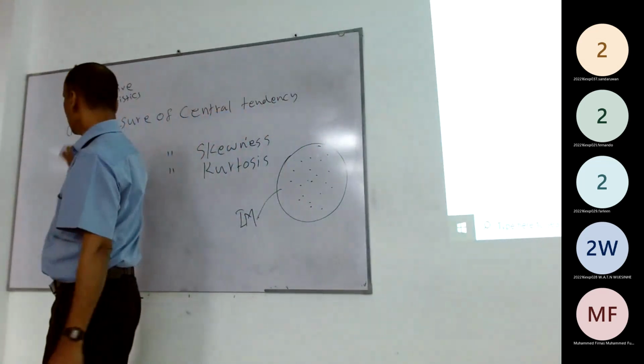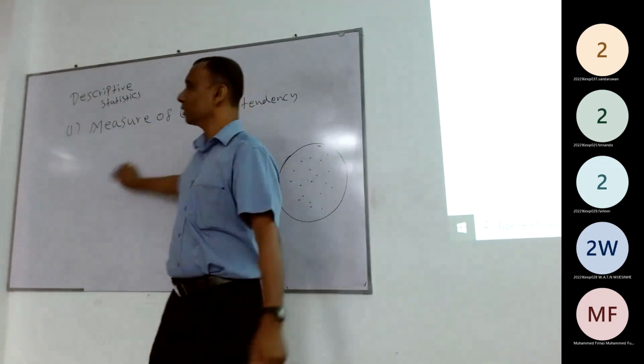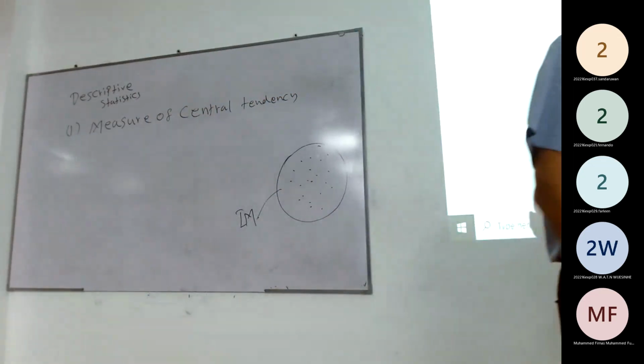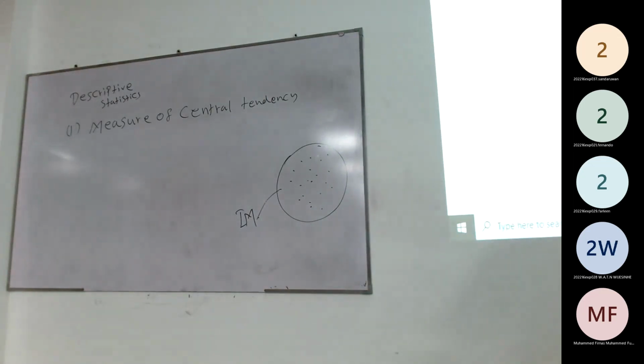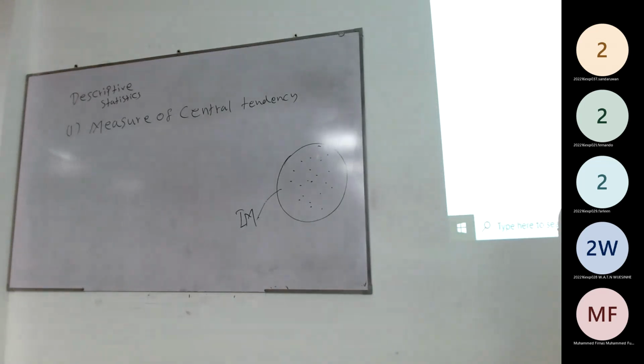If we calculate individual measurements to represent the total set of observations, they are called measures of central tendency.